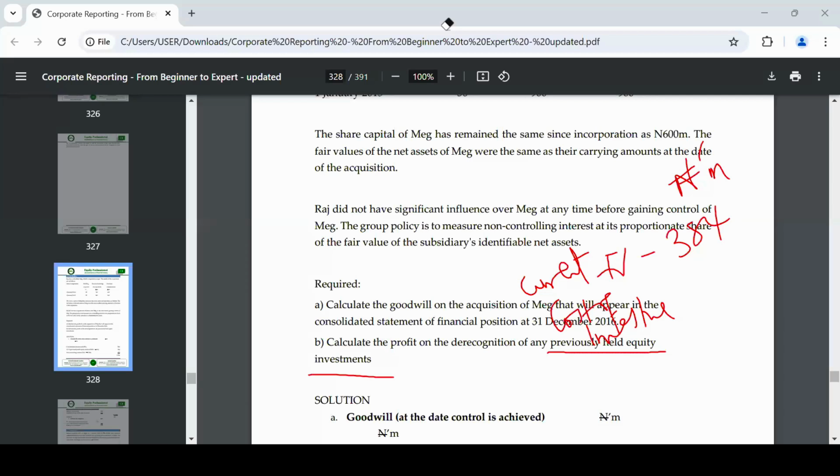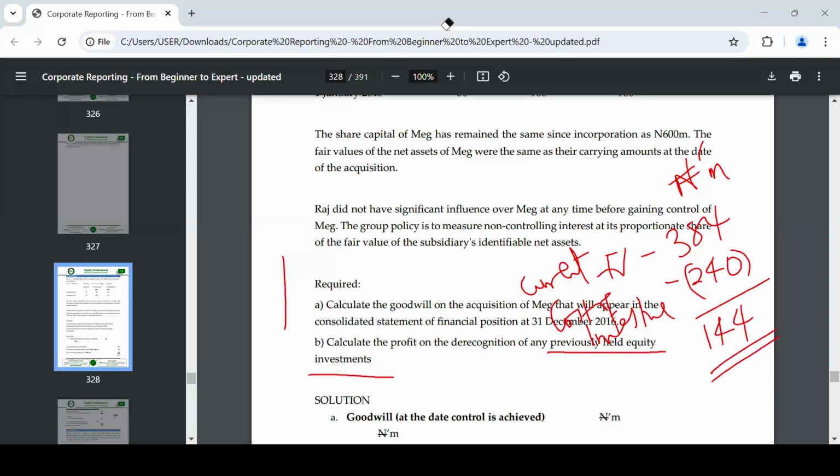However, when we bought those 20% shares, what was the amount that we paid? 240. All right. What is the difference you have here? It looks like 144 to me.